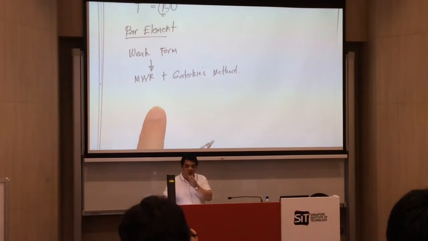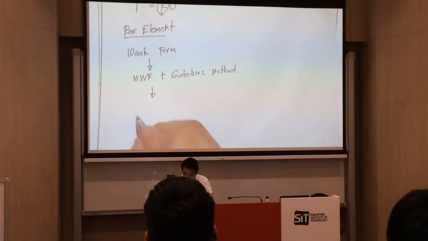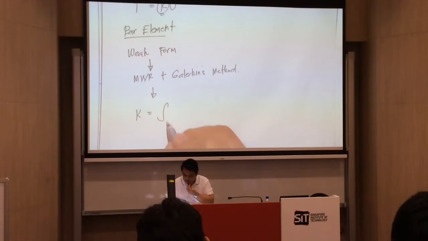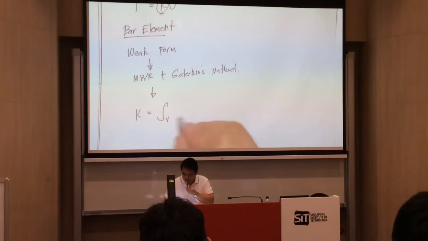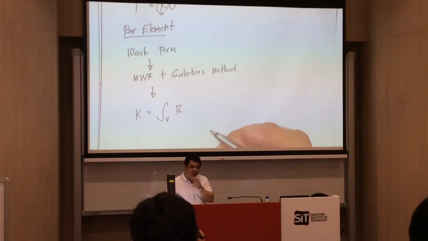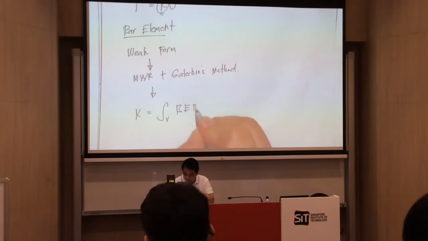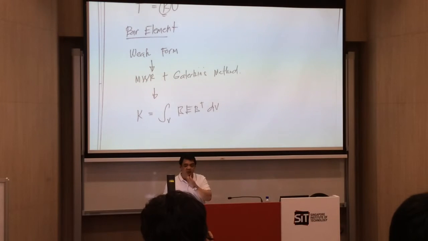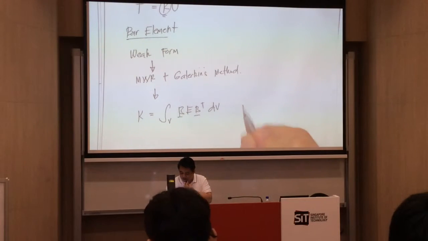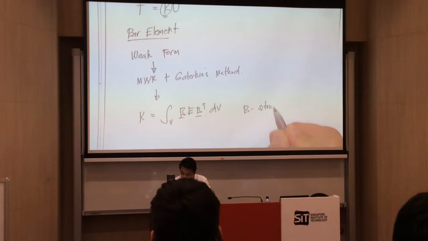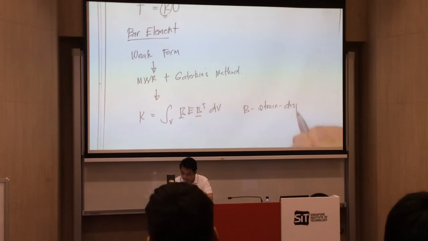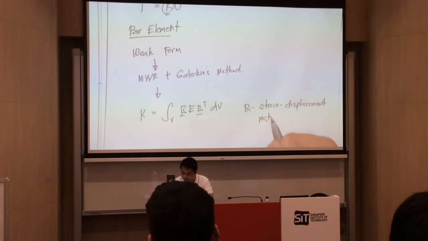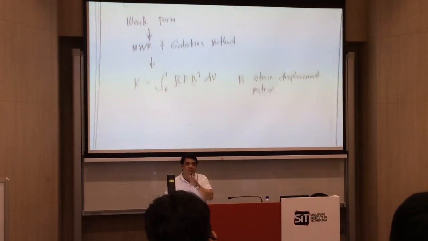So with this one here, we are able to derive your stiffness equal to the volume integral of B, E, D, transpose dV. Now, take note that B here will be your strain displacement matrix.